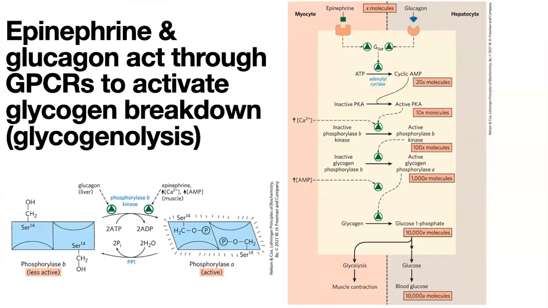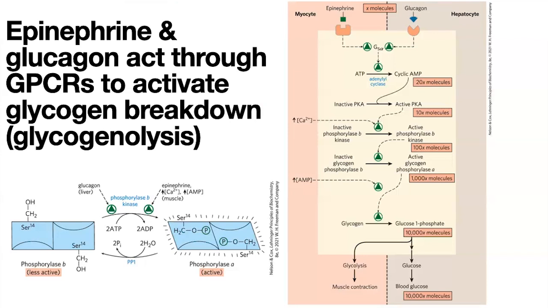So different G protein coupled receptors could both be attached to the same G proteins and do the same sorts of things inside of the cells. And in this case, they're both going to be activating adenylyl cyclase, our good old friend that made cyclic AMP.